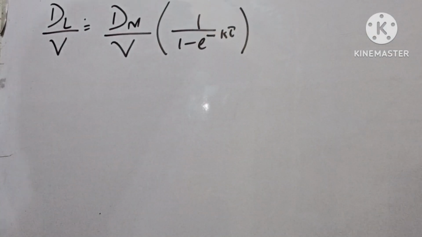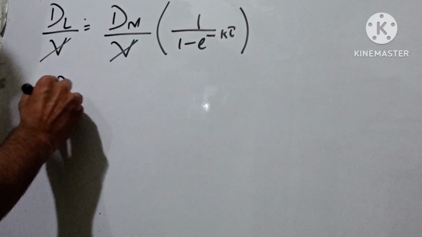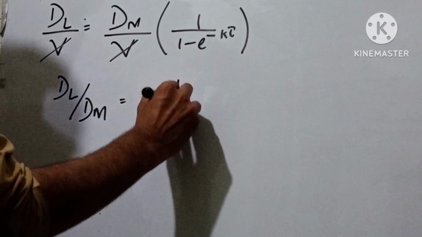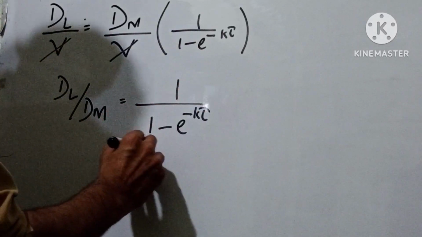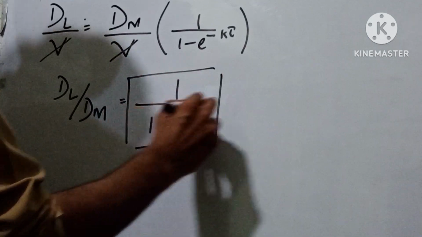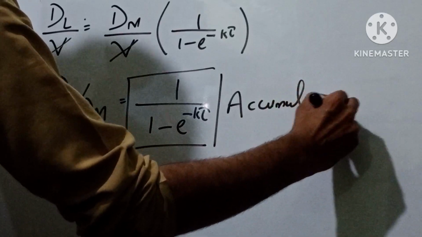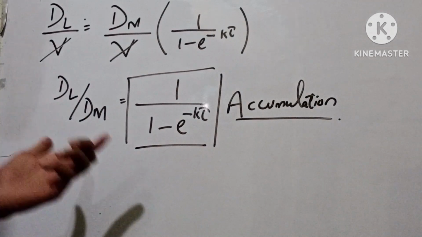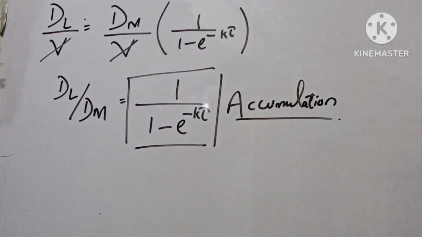So we have this scenario and we cancel the equal terms, V and V. So DL over DM is equal to 1 over 1 minus e to the power minus K tau. This is the accumulation factor. It tells us to what extent the drug is accumulated. Clear?